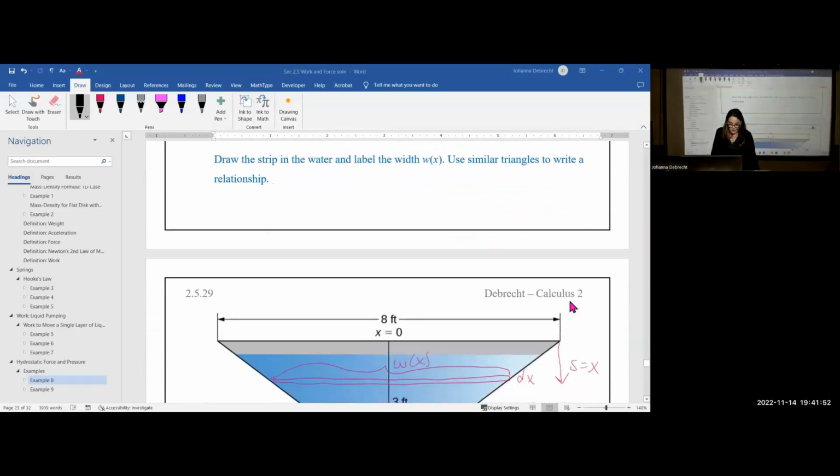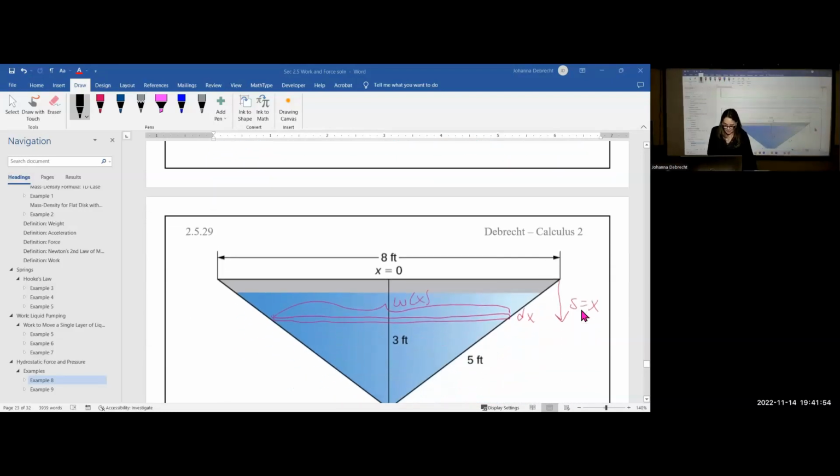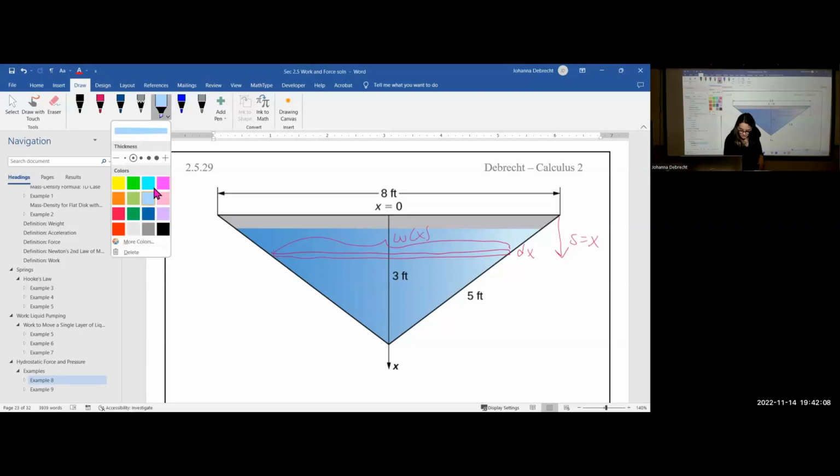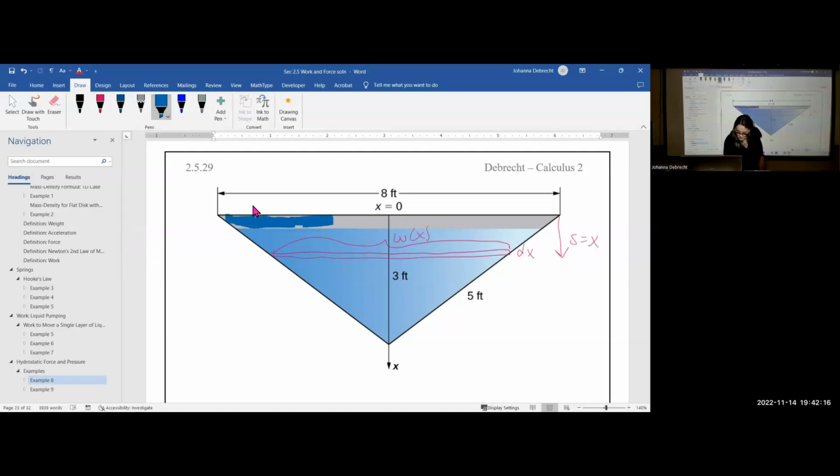Now we want to draw a strip in the water, and we want to label the width of it w of x, and we want to mention what the depth is. This time I set the depth at the level of the water. So the water actually extends to the top of the tank. So I should go ahead and fill in the rest of this water. That's not dark enough. The water actually goes up to the top.